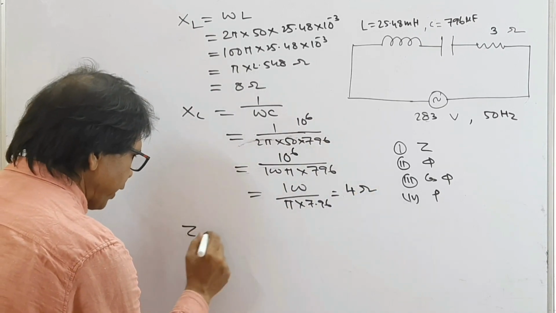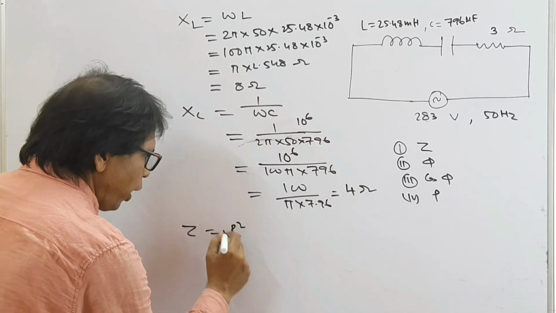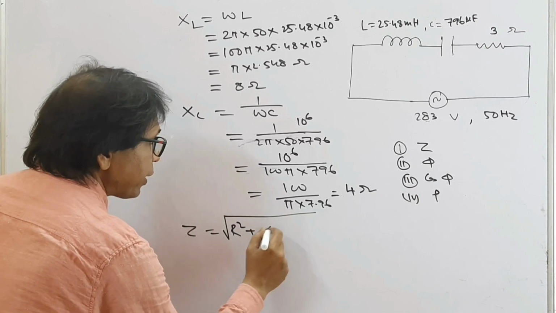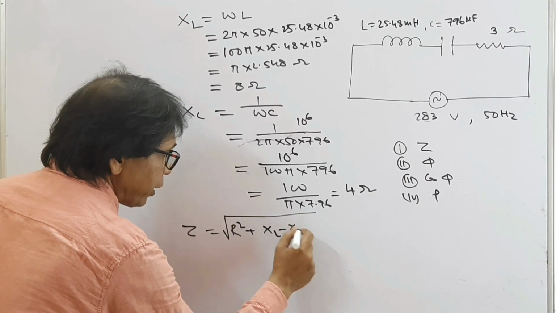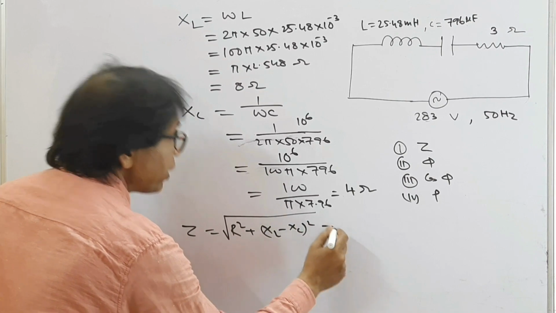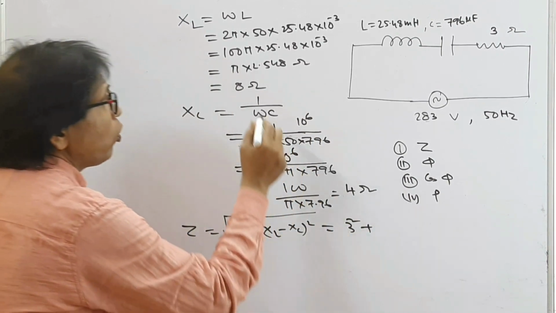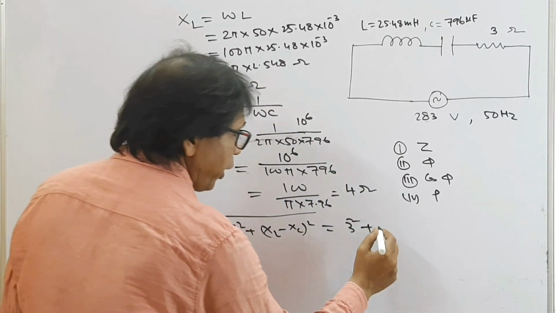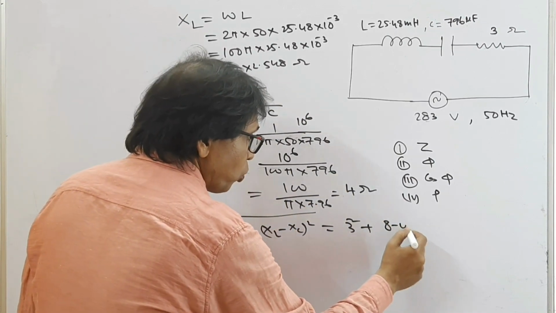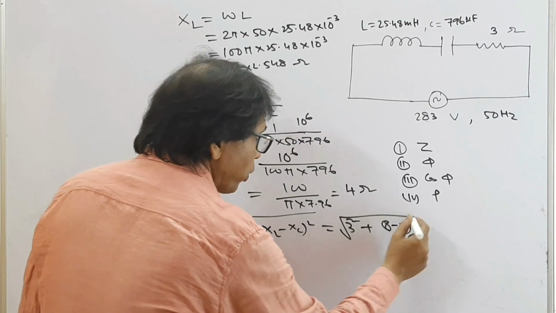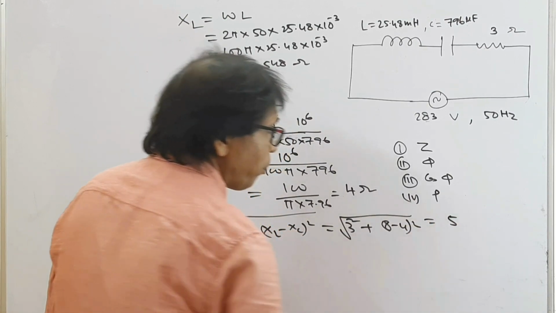Now Z equals root of R square plus XL minus XC whole square. R equal to 3, so this is 3 square, plus XL is 8, XC is 4, 8 minus 4 whole square. So Z is 5.